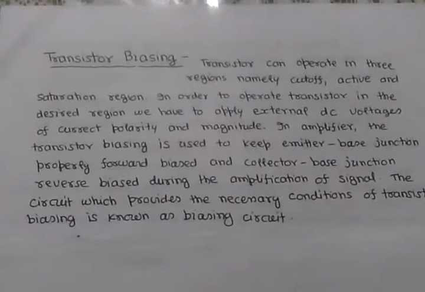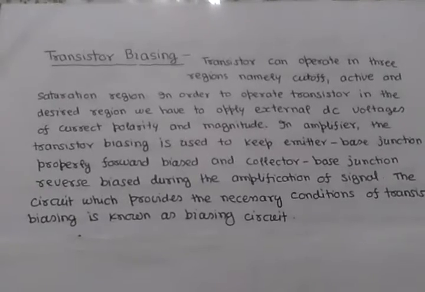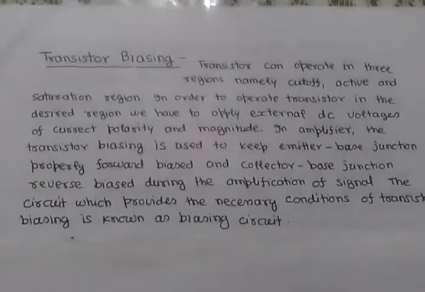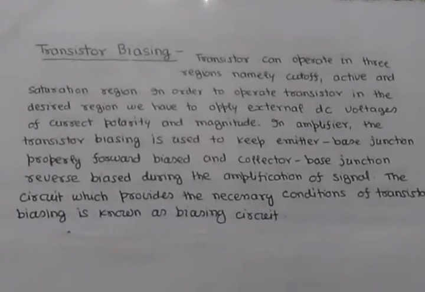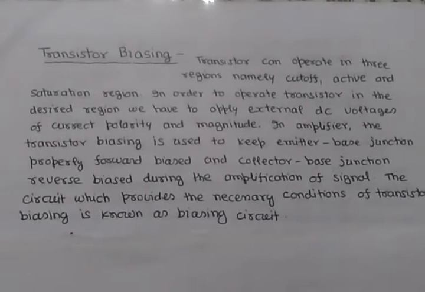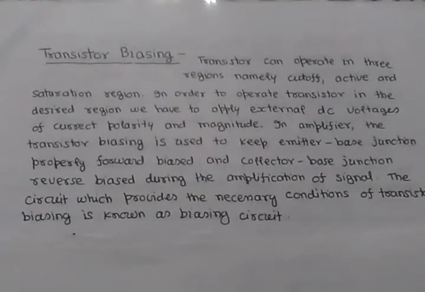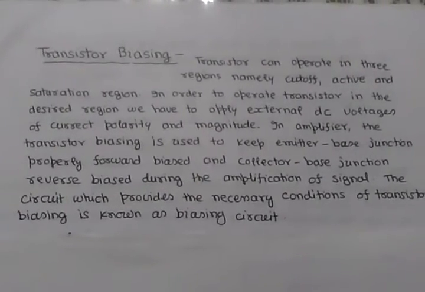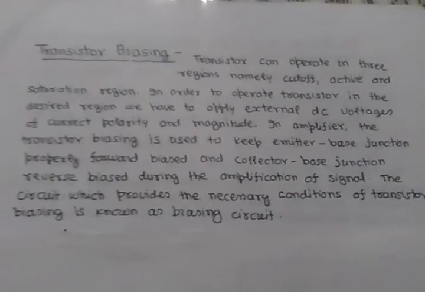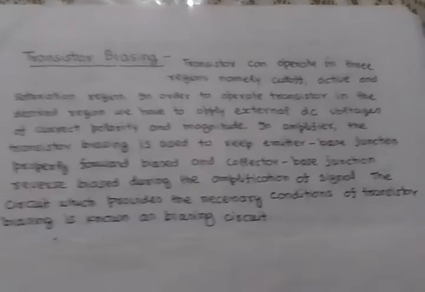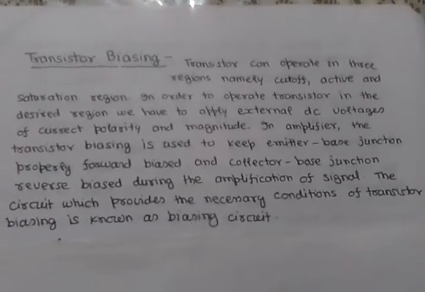We already know the operating point is the zero signal collector current and collector to emitter voltage, and collector current changes due to the change in temperature. Collector current also changes due to the change in the device parameter, that is beta. So bias stabilization is also done by transistor biasing.